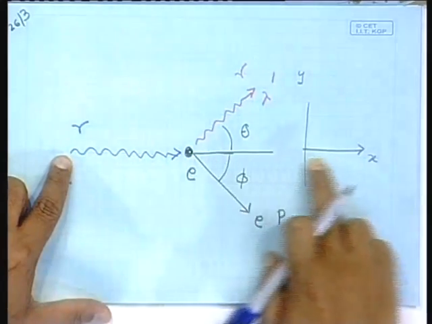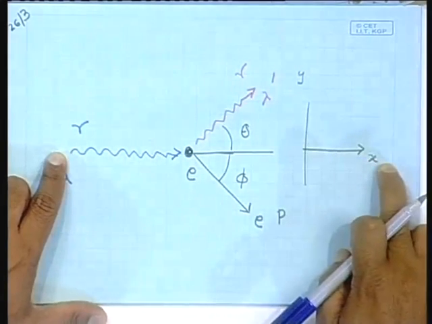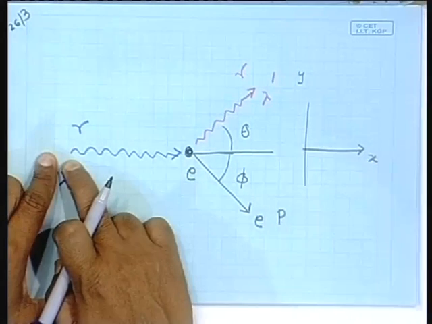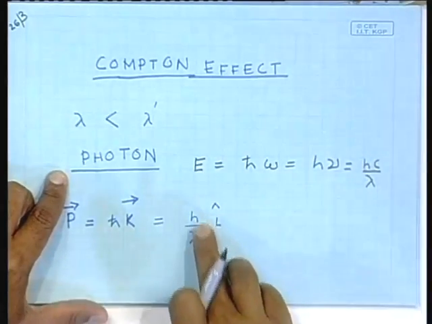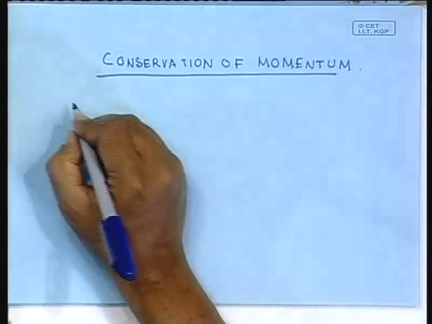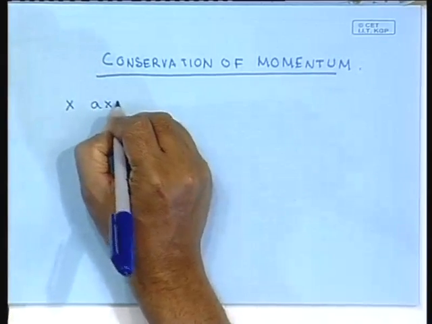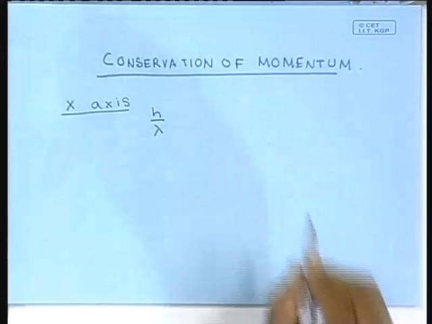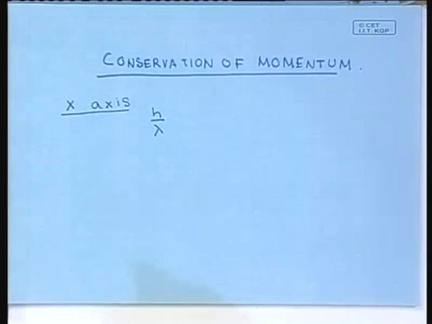Let us first consider the momentum along the x direction. So, the incident photon has a momentum h by lambda along the x direction. The electron has 0 momentum to start with. So, along the x axis, h by lambda, that is the incident momentum of the photon, and the electron has 0 momentum to start with.